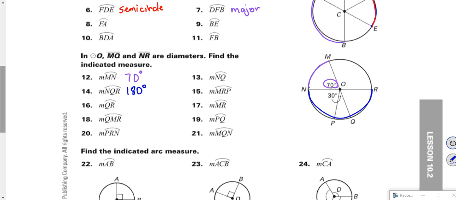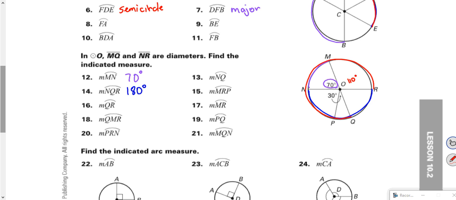Jumping down, let's look at 18, QMR. So we start at Q, we go around to M and then R. So we start here, we go around to M and then end in R. Now, how could I figure that out? Well, a couple of different ways, but we know that if NR is a diameter, then this has to be 110 degrees, right?